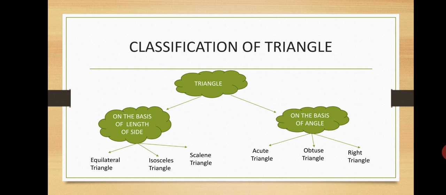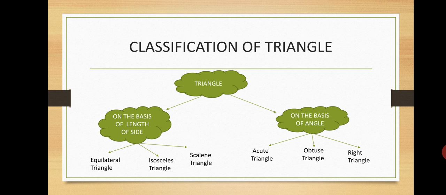On the basis of length of the sides, triangles are classified into three categories: equilateral triangle, isosceles triangle and scalene triangle.